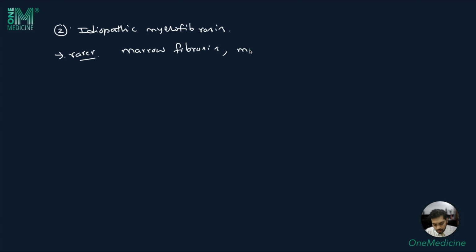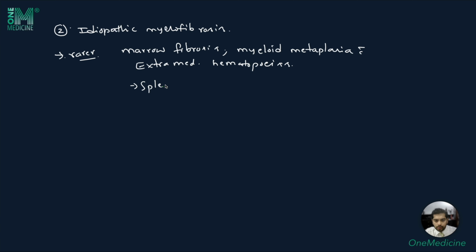The second myeloproliferative syndrome is idiopathic myelofibrosis. This is a rarer disease which is characterized by bone marrow fibrosis, myeloid metaplasia with extramedullary hematopoiesis, and splenomegaly also.